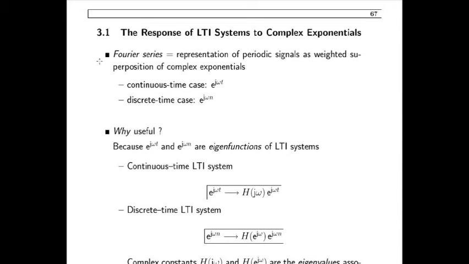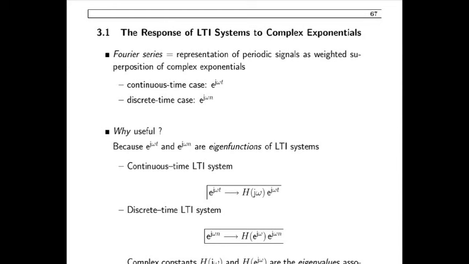So what is Fourier series? First of all, it is a representation of periodic signals as a weighted superposition of complex exponentials. Till now, we have represented signals as a weighted sum of sinusoids or cos functions.